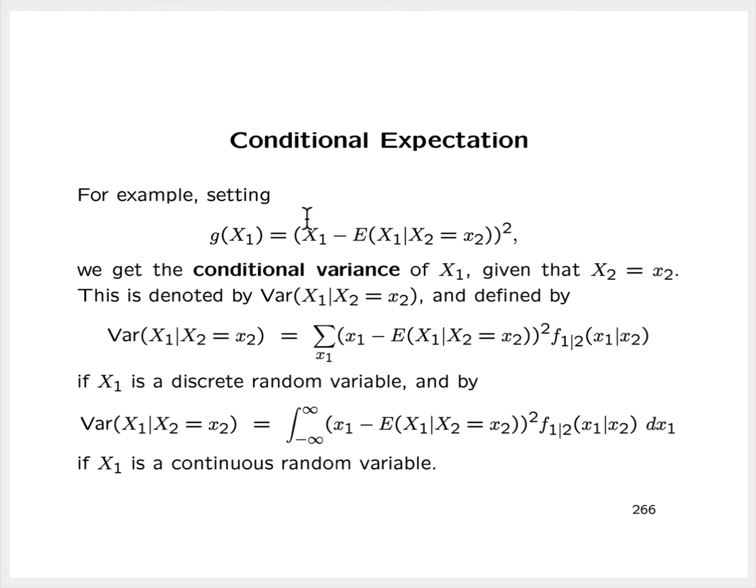And so if we calculate the expected value of this, that's going to give us the variance of the conditional distribution of x1 given x2.